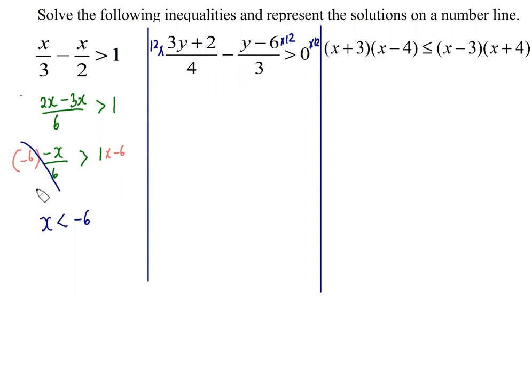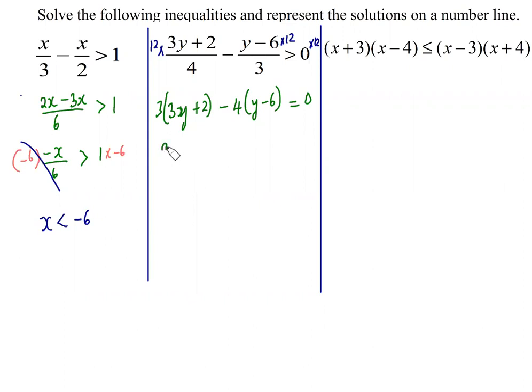Then here we're going to have 3, since 4 into 12 gives us 3. So 3y plus 2, then minus 3 into 12, we get 4. And this 4, you take it out of the bracket. This is going to be giving us 0. So you take out of the bracket, it must multiply everything that we have here.